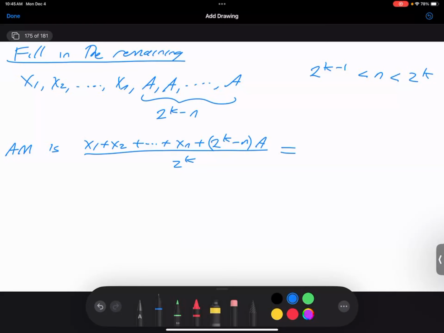I really want you to get into the mindset of how you think about what to try to prove. We need to choose a value of a so that this expression is something nice. We're trying to compare the arithmetic mean of the x's to the geometric mean of the x's. So what would you love this expression to equal?